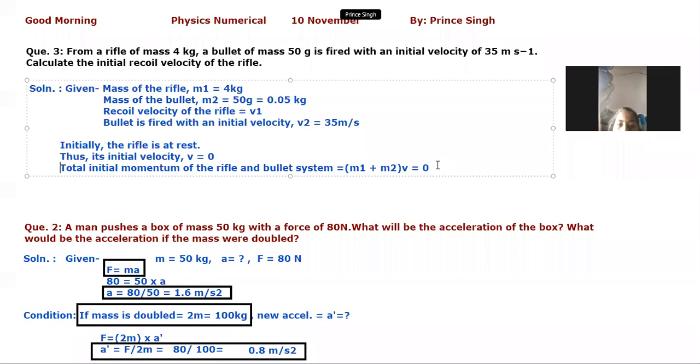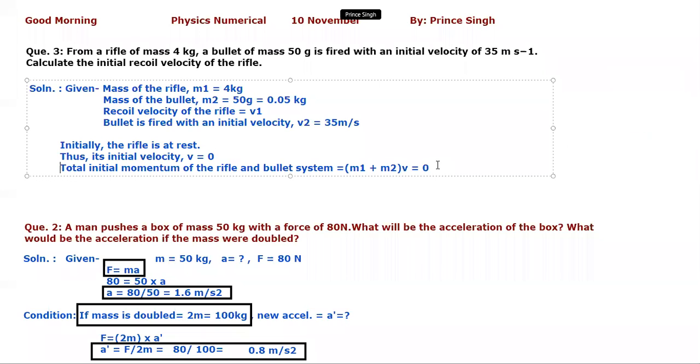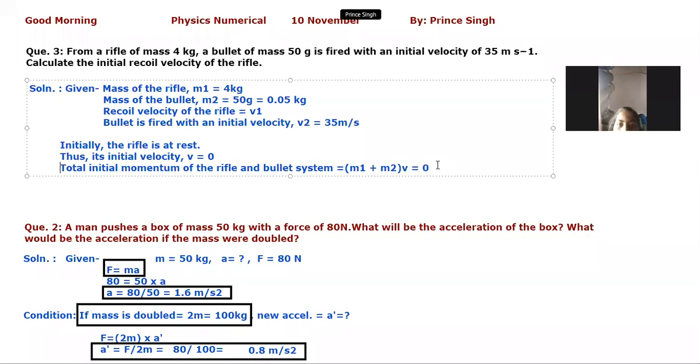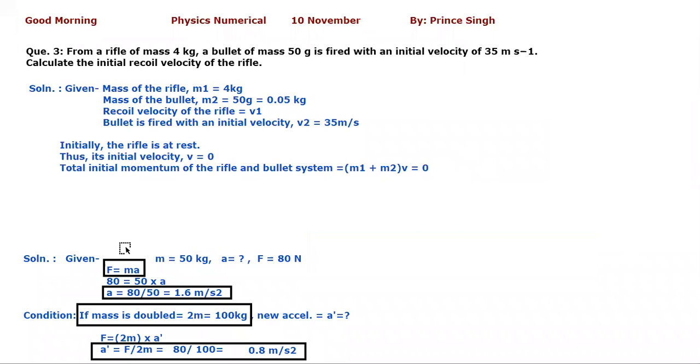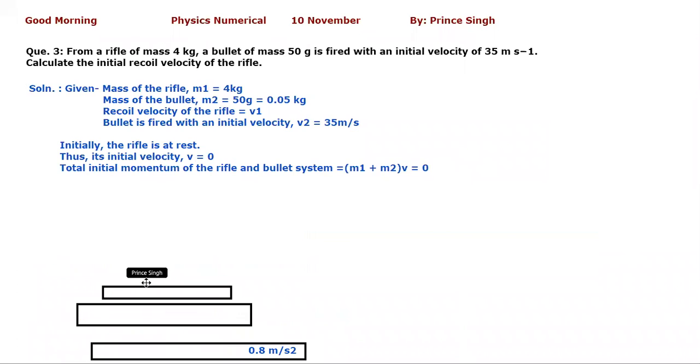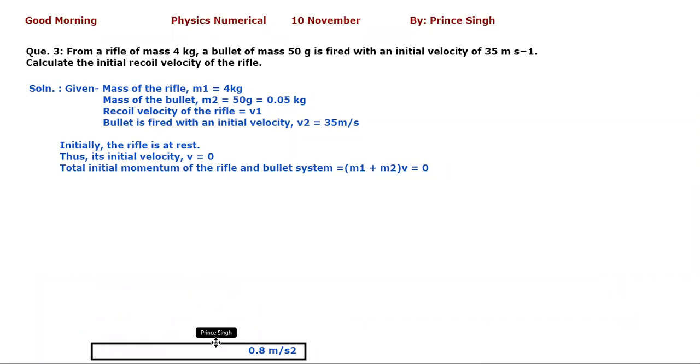Bullet is also at rest and rifle is also at rest. So both initial velocities are 0. This thing understood? Everyone understood? Initially the bullet and the gun, means rifle, both are at rest.